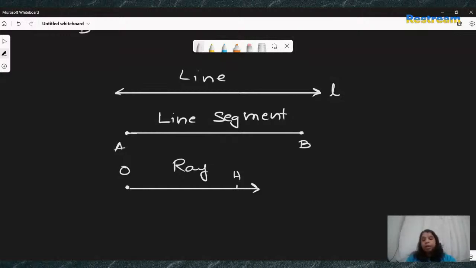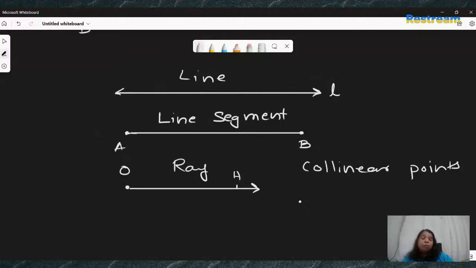So it is solid at one end and an arrow at the other end. Now, all the points on this line or on this line segment or on this arrow or ray are called collinear points. What it means is that they lie on the same line.